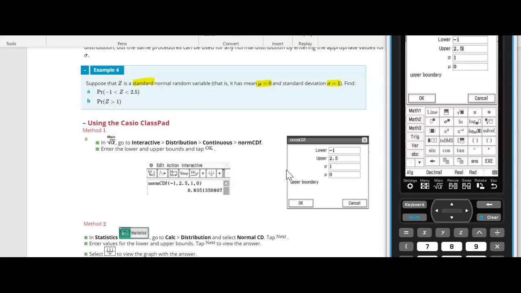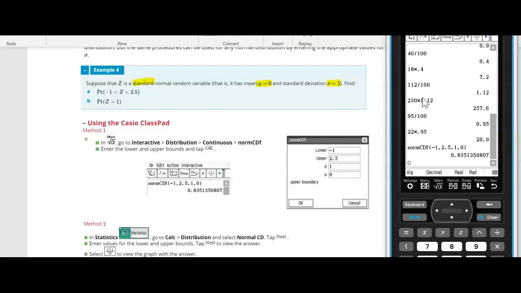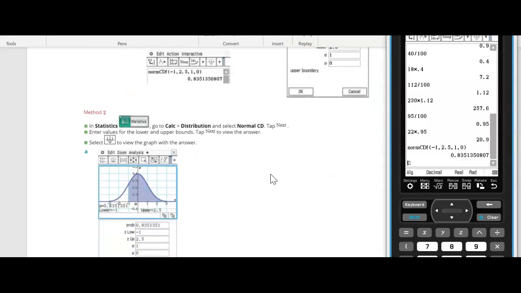And because it's normal, it's already set as standard deviation 1 and mean 0. And there's your value there, 0.835... So usually we do that to 4 decimal places unless specified otherwise.